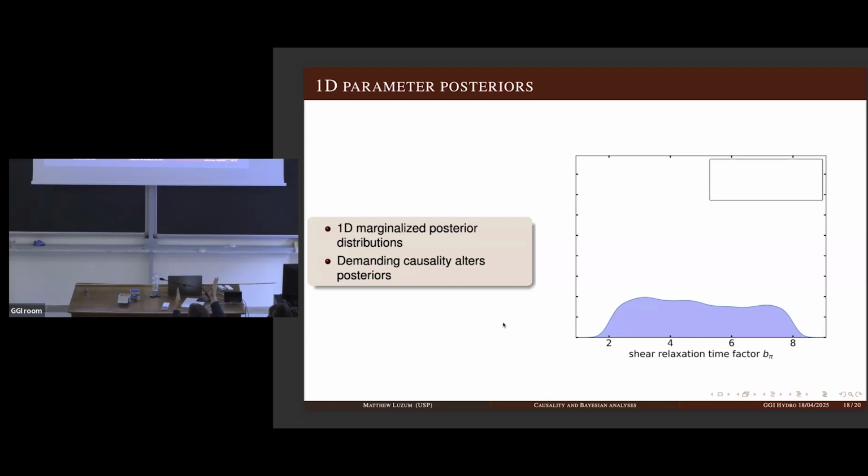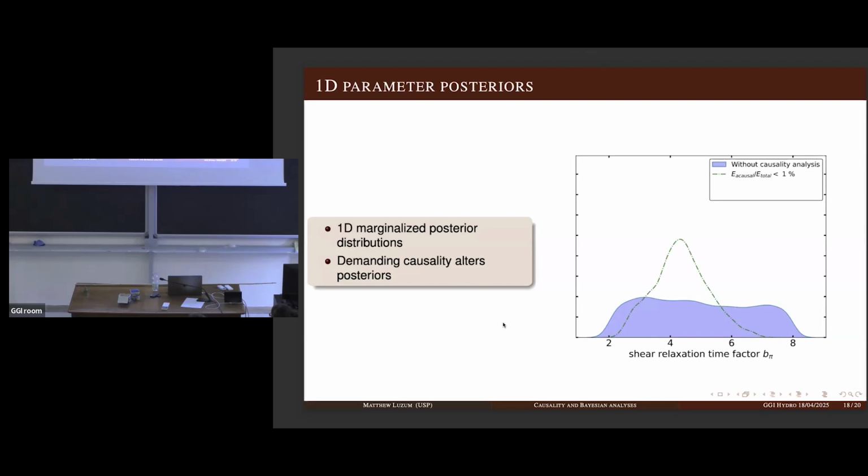The prior was completely uniform between, I think, 2 and 8, whatever I showed earlier. The data doesn't give you any extra information because observables depend on this so weakly. But causality, of course, does.